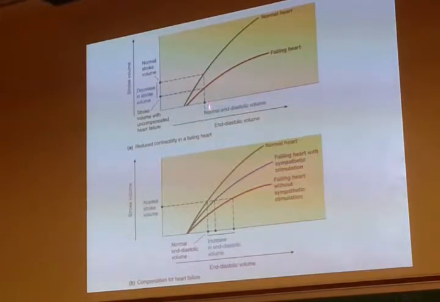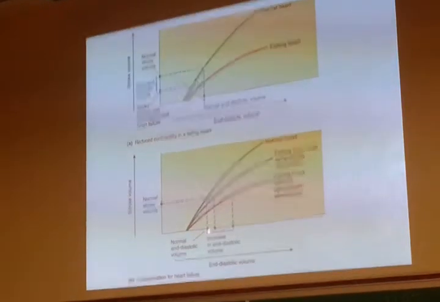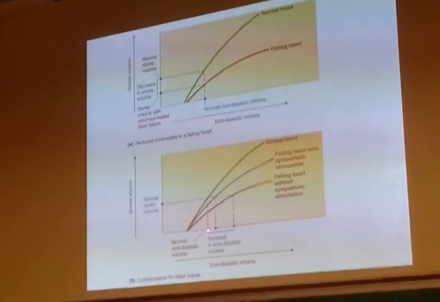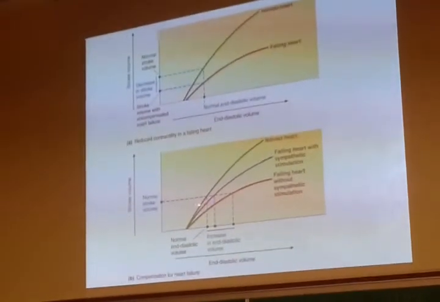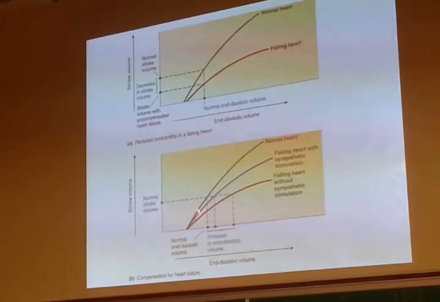If you keep the end diastolic volume normal, you only increase the stroke volume by that 25%.